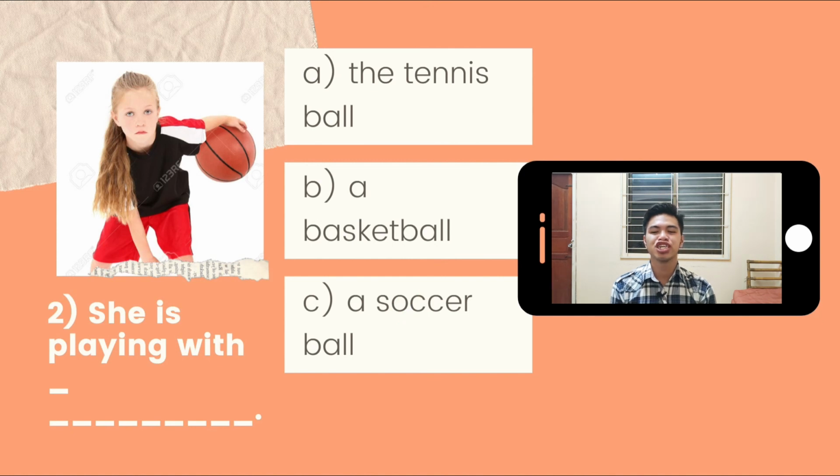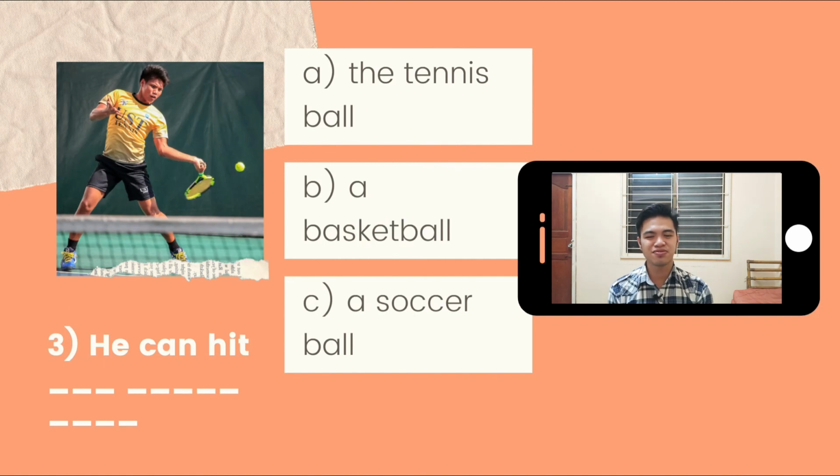Number 2. She is playing with A, the tennis ball, B, a basketball, or C, a soccer ball. Of course, the correct answer is letter B, a basketball. She is playing with a basketball. A basketball has the color orange. Okay? We call it a basketball.